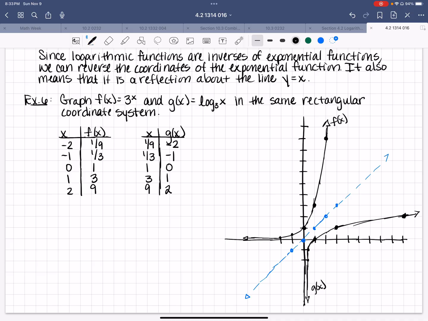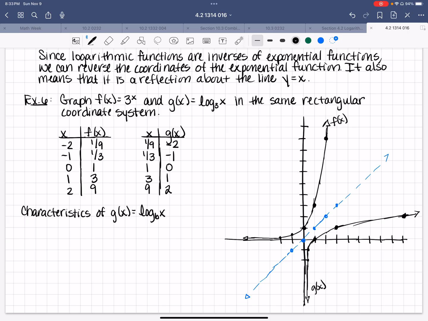Okay, let's list some characteristics of log base b of x. I'm going to say g of x since we called it g of x here.